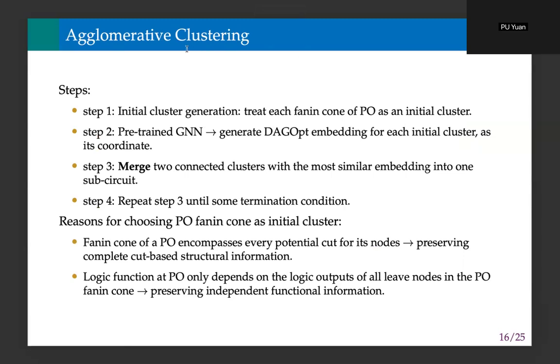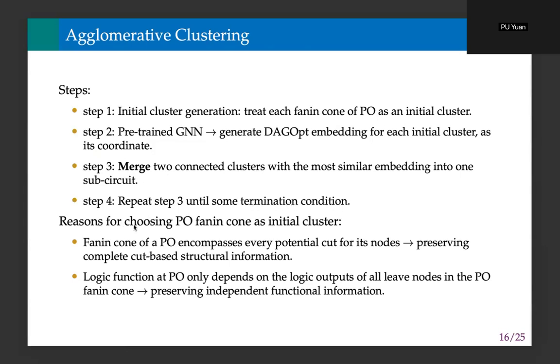This is the agglomerative clustering steps. The first is that we generate the initial clusters, treating the fan-in cone of each PO as an initial cluster. Then we use the GNN to generate the DAG-OPT embedding, and then we merge the two clusters with the most similar embedding into a circuit. Step 3 is repeated until some termination condition is achieved.